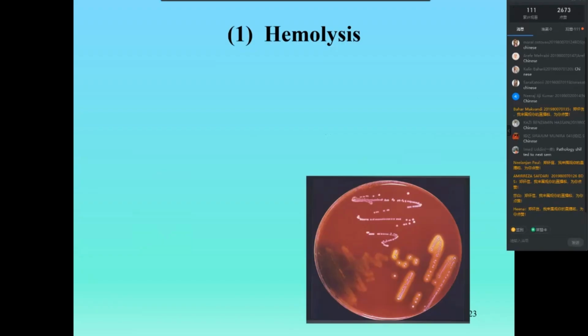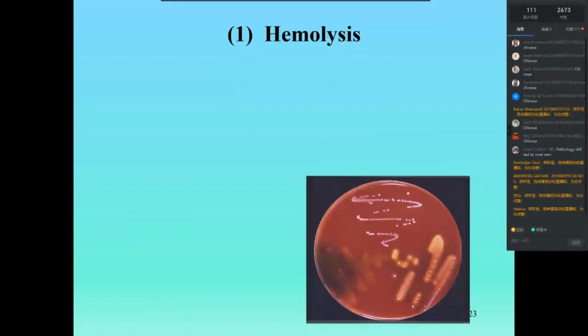A second type of hemolysis is called alpha hemolysin. Those are the hemolysins which can incompletely lyse the red blood cells, and result in the reduction of hemoglobin.